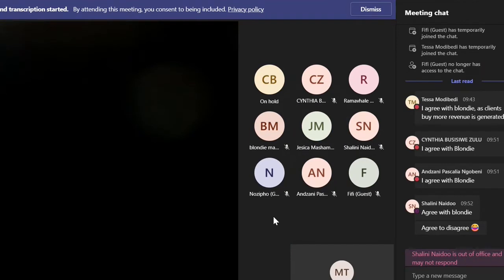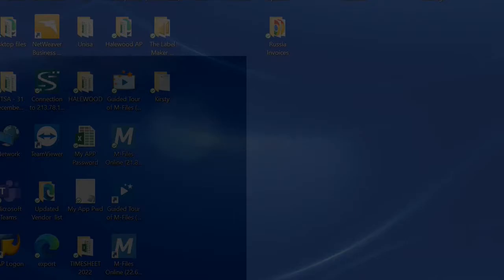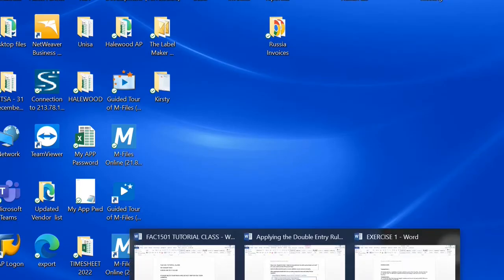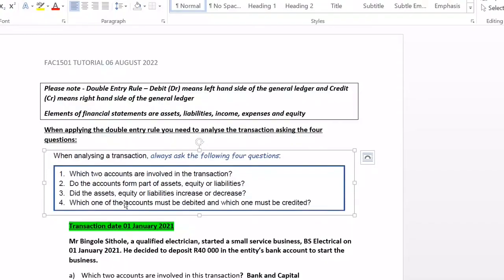So Jessica, because people are talking, just repeat your answer. My question is the last point when we are determining the double entry principle. The last point is saying which one of the accounts must be debited and which one must be credited in the general ledger.